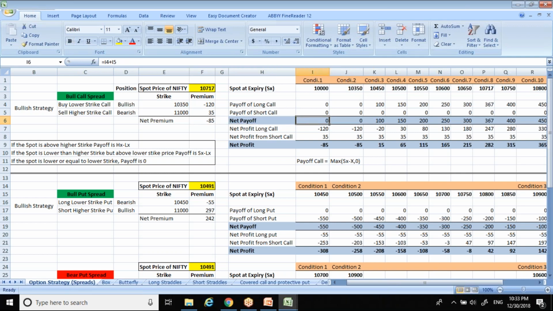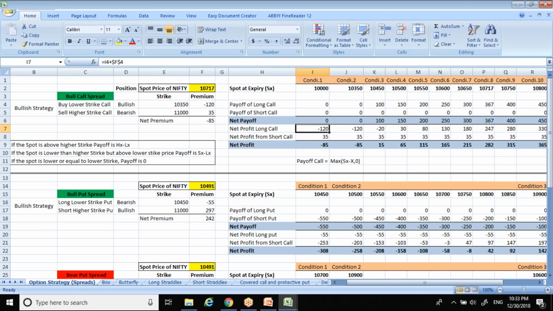Now, when the price is down and your call is out of the money, the payoff from the long call is 0, and the payoff from the short call is obviously 0.